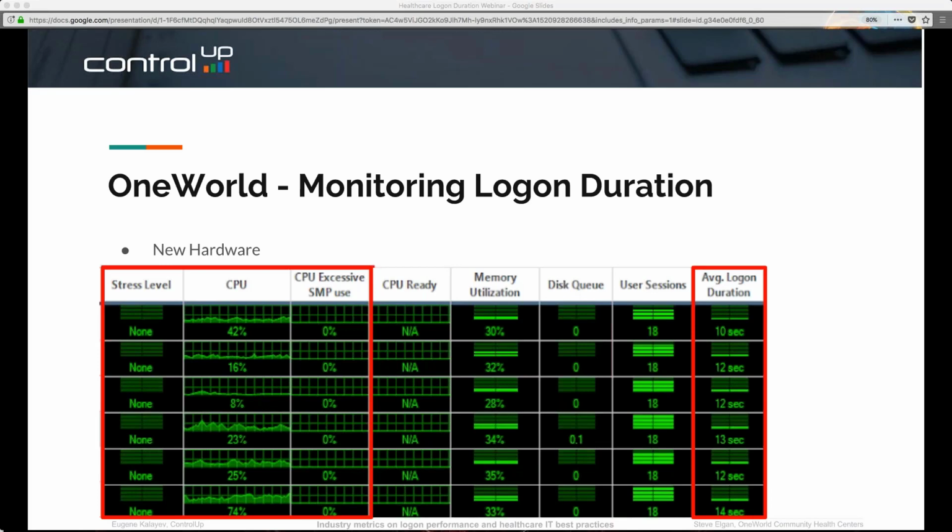CPU ready is basically the percentage of time that the virtual machine is waiting for CPU. And CPU excessive SMP use is actually a result of configuring multiple virtual processors for a VM, and the result of that machine waiting for all of those processors to become available.